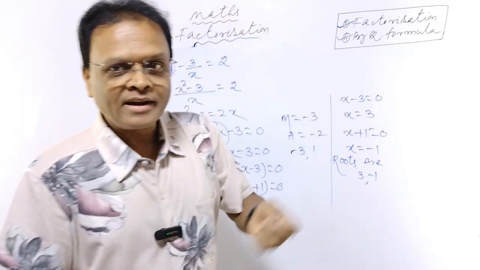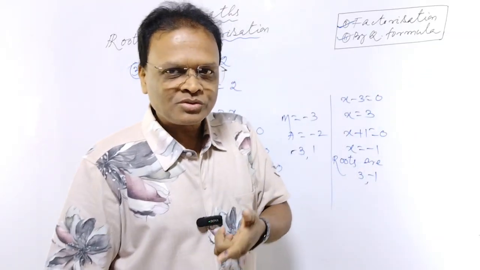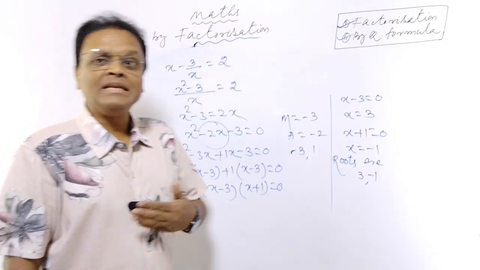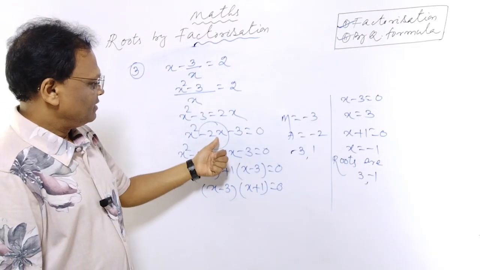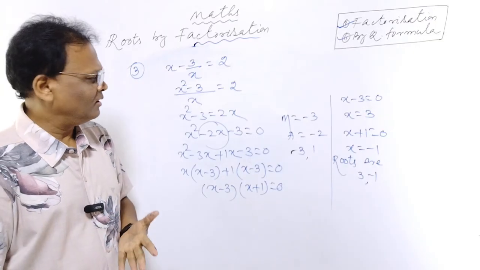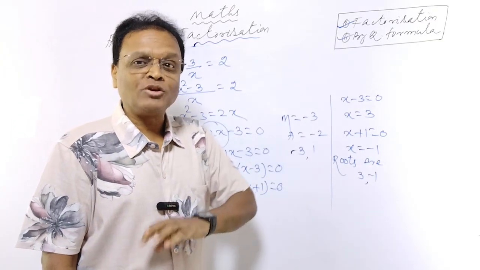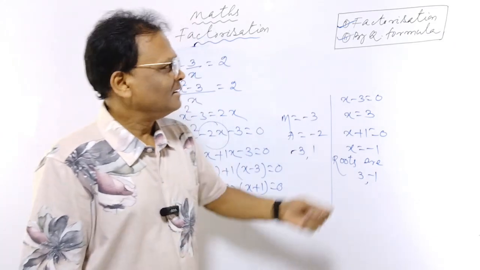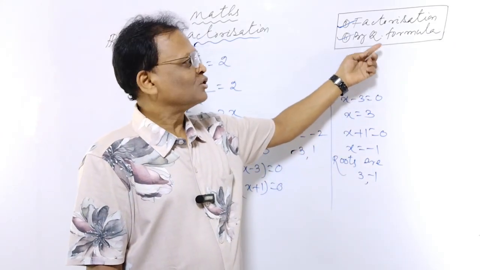We can use that formula if splitting of the middle term becomes difficult, or splitting of the middle term is not possible. In that case, we are to use one formula, the quadratic formula.